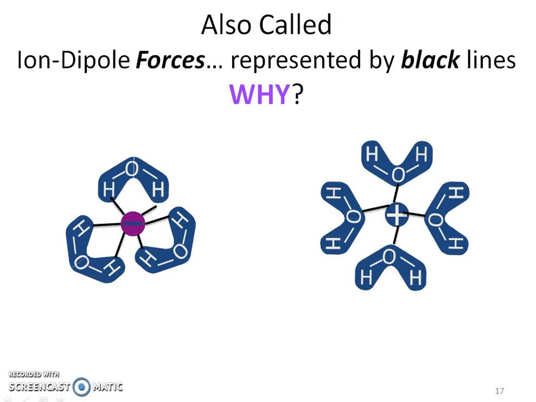Just make sure that we understand this material. So we also want to remember, like I was talking before, these are called ion-dipole forces. These black lines that I drew here between the H and the negative, and these black lines between the oxygen and the positive, are considered ion-dipole forces, and the why: if you want to take a moment to think about that before you see the answer, I suggest you do that.